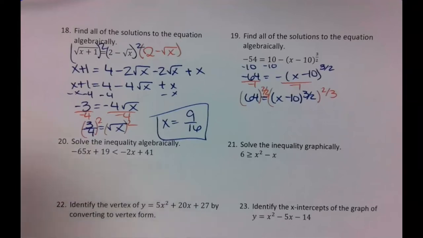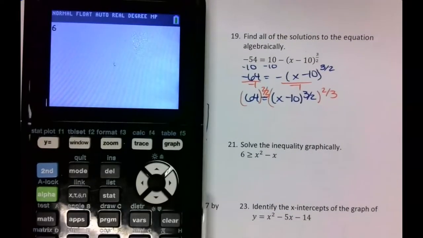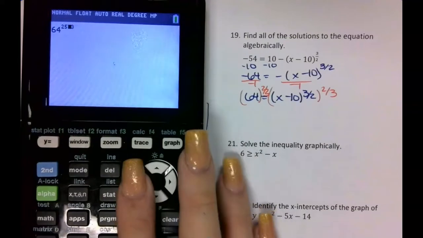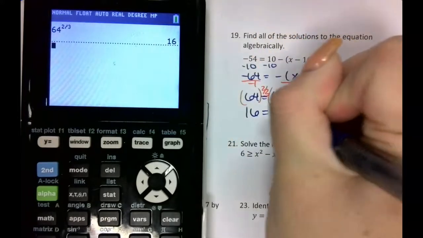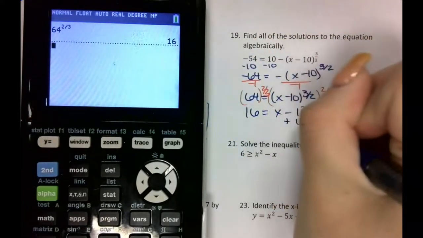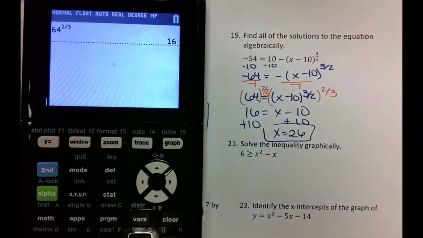So I want to type in 64 to the 2/3 power, which gets me 16. And then I have x minus 10. I want to add 10 to both sides. I get x equals 26.